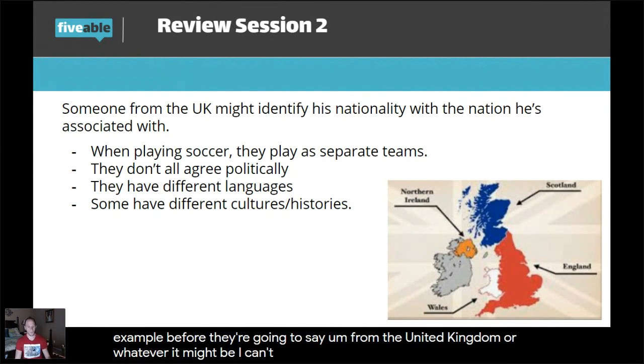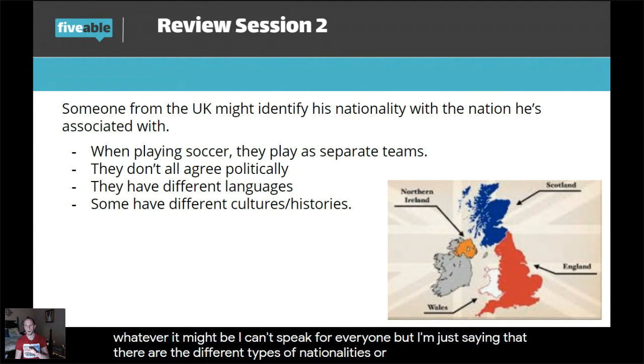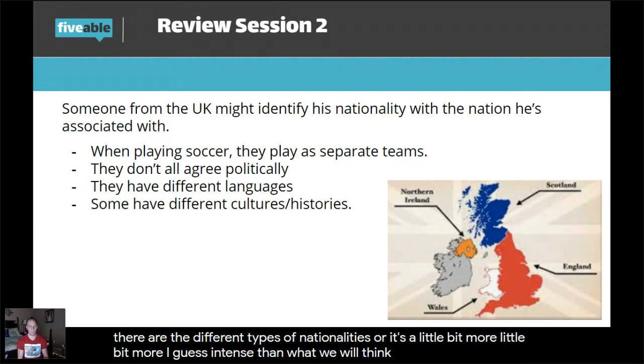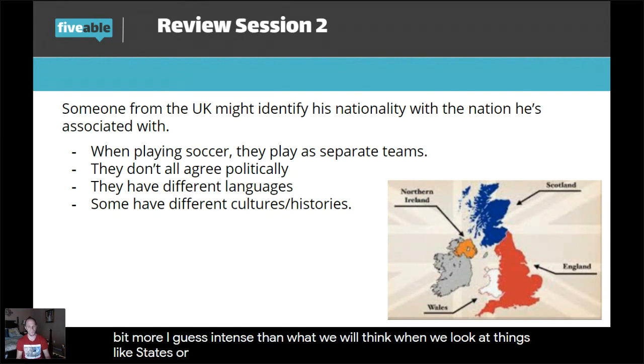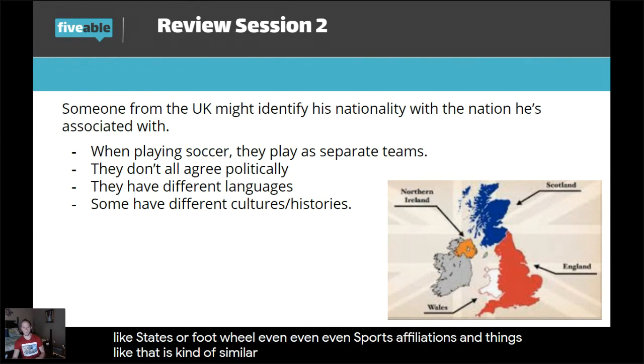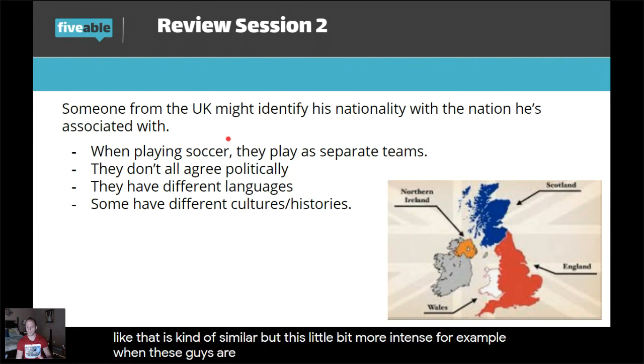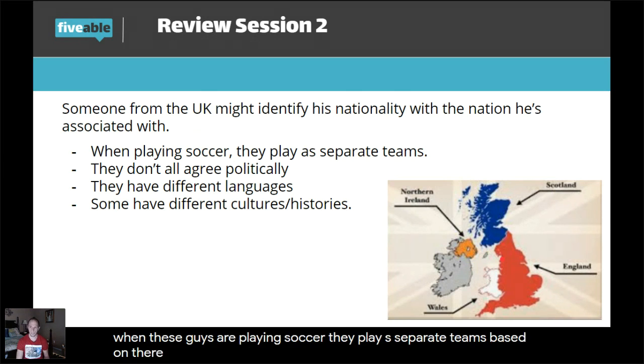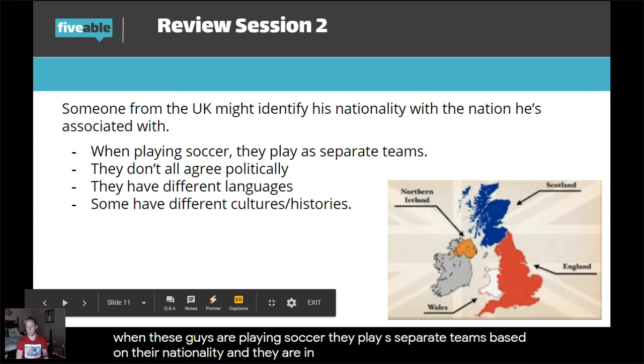I can't speak for everyone, but I'm just saying that the different types of nationalities are a little bit more intense than what we would think when we look at things like states or even sports affiliations. It's kind of similar, but this is a little bit more intense. For example, when these guys are playing soccer, they play as separate teams based on their nationality, and they are intense rivals between the different groups.